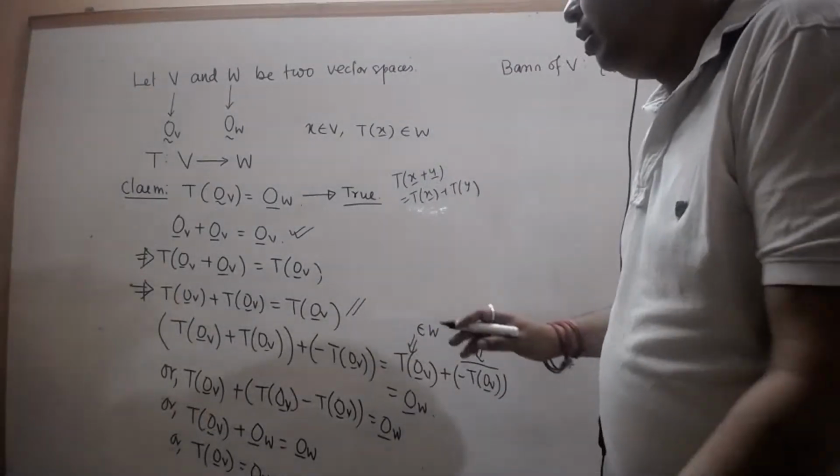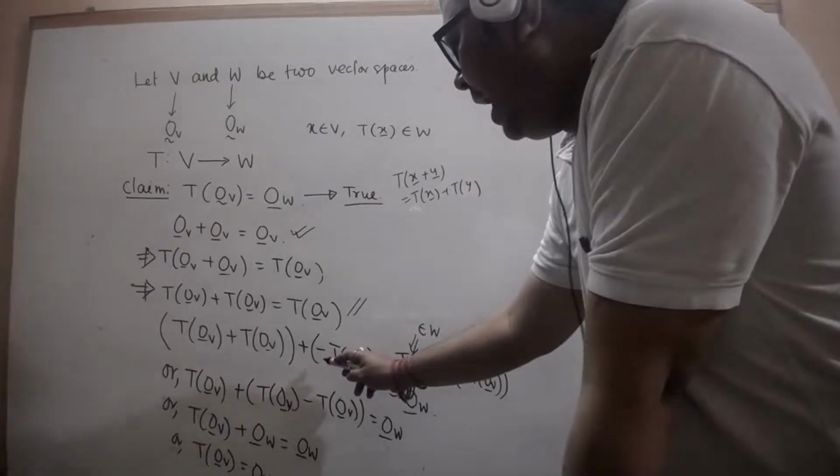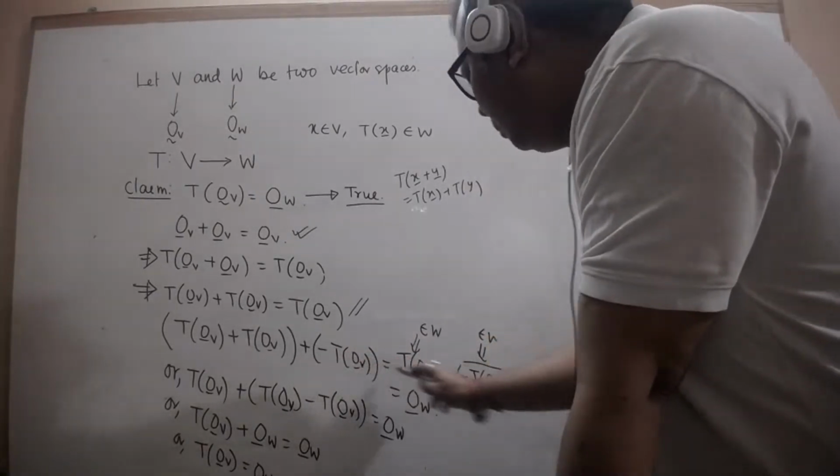Okay, thank you. Now I add minus T(O_V) to both sides.